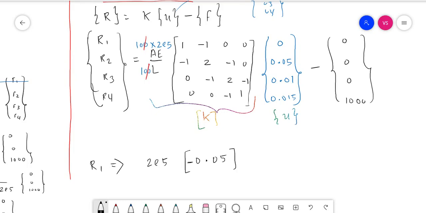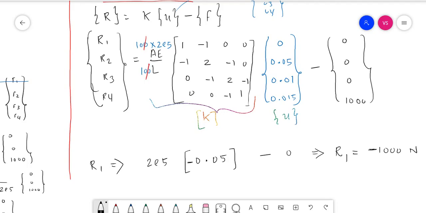If you multiply this with this, because these two are zeros, it won't make any difference here. So this will give you R1 is minus 1000 Newton. What does this minus tell you? This minus says the reaction force will be in opposite direction to that of the applied force. Applied force was 1000 Newton, so the reaction force is minus 1000 Newton.